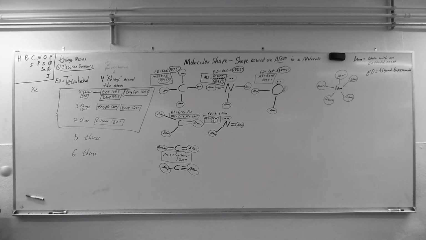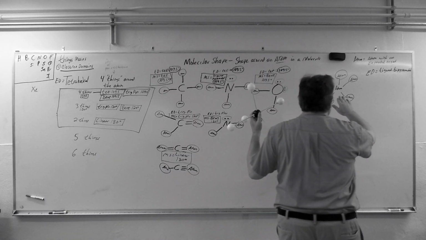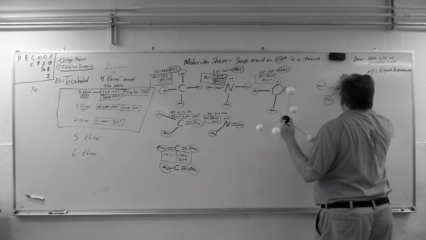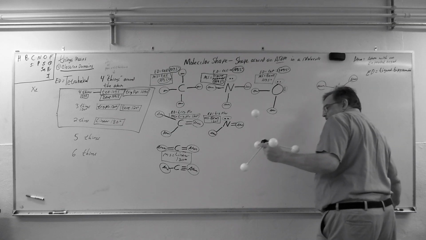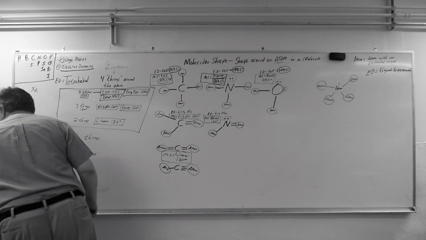If you have the trigonal bipyramidal, and if all five things here are atoms, what if this were a pair of electrons? So now we have to play this game.